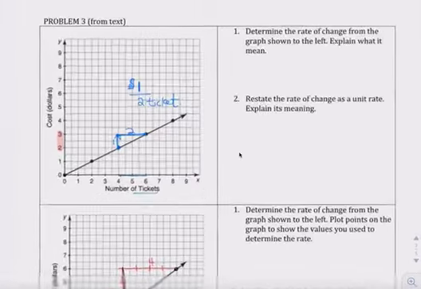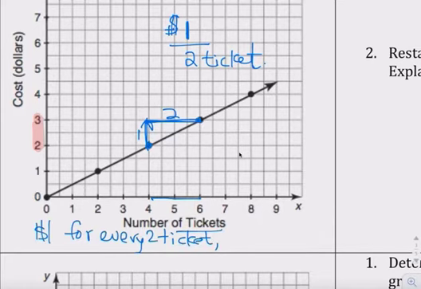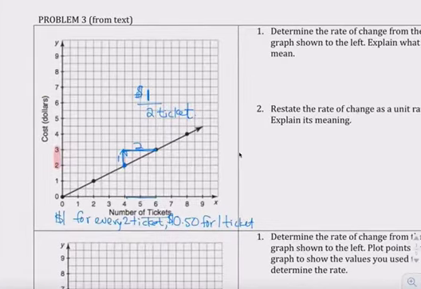Your ratio means $1 for every 2 tickets. So this means 50 cents for each ticket, for 1 ticket. Right? 1 divided by 2 is 50 cents.